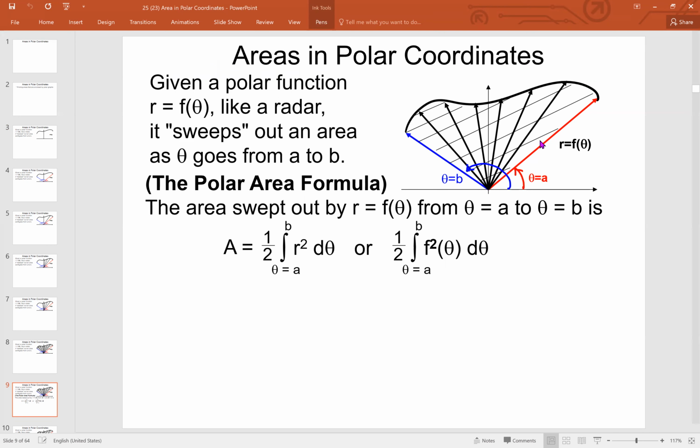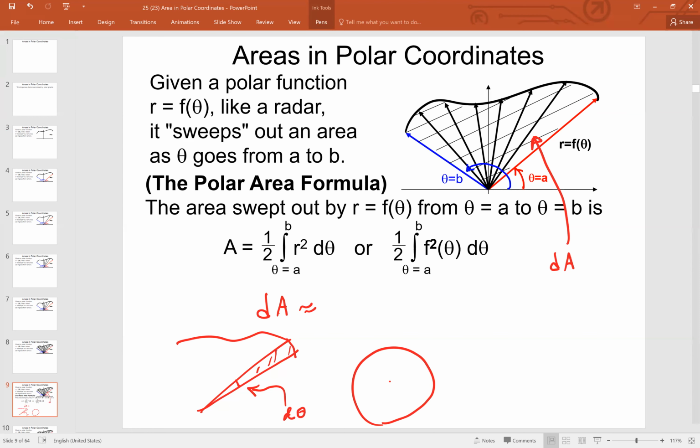Basically, what we are trying to do is find, let me call this dA, that little sliver of area. We're going to chop theta into little angles of d theta, and I want to approximate the area dA.